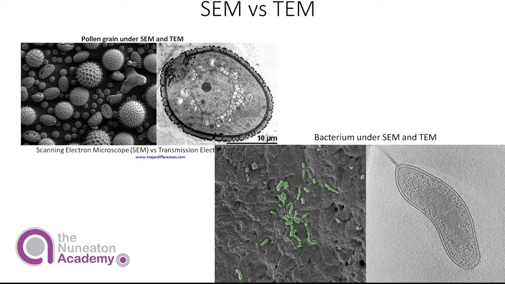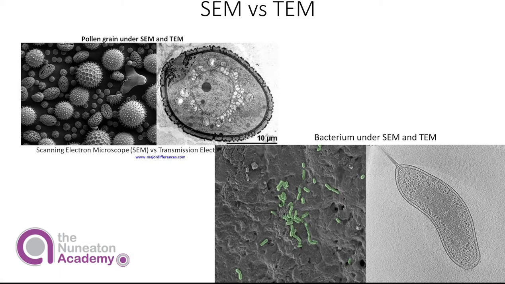We have two different types of electron microscopes. We have the SEM, which stands for Scanning Electron Microscope, and we have our Transmission Electron Microscope, or TEM. Both have very different functions and uses, although they use very similar methods by which they gather their images. A scanning electron microscope scans the surface layer of the specimen plate.